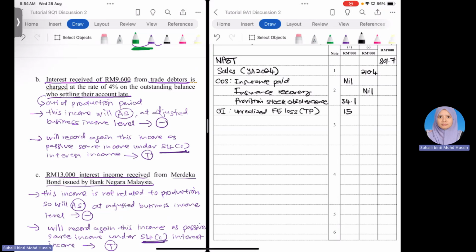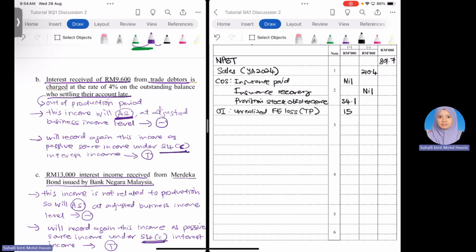You have to assess it separately. At the adjusted business income level, you have to minus out the amount, and you will record it again under the class of income, section 4 subsection C.